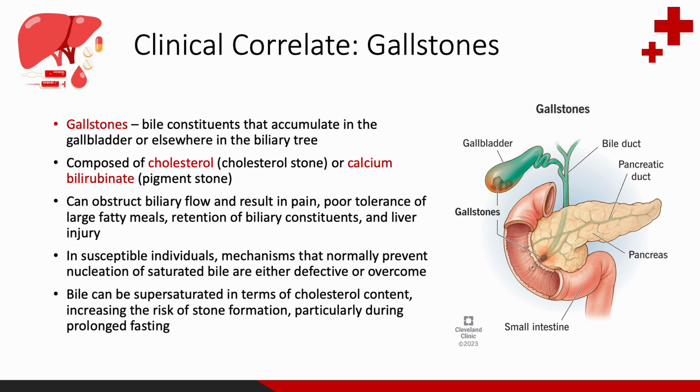In susceptible individuals, mechanisms that normally prevent nucleation of saturated bile are either defective or overcome, and small crystals form and can grow into gallstones. Bile can be supersaturated in terms of cholesterol content, increasing the risk of stone formation, particularly during prolonged fasting.